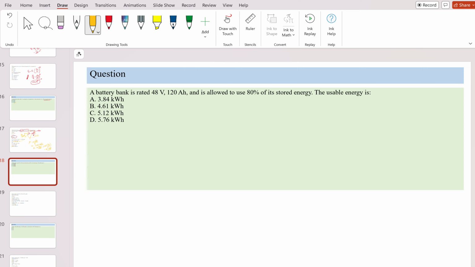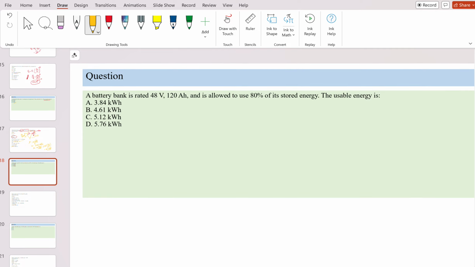Try to solve this. This is a concept related to battery storage.